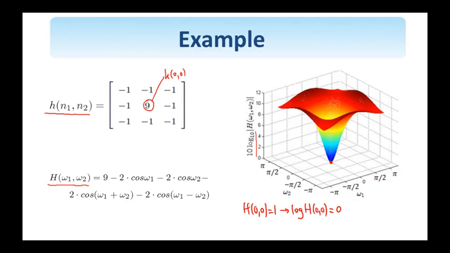While if I look at some frequencies, for example the H(0, pi) frequency, which is the frequency over here, this is equal to 13, while H(pi, pi) is equal to 9.